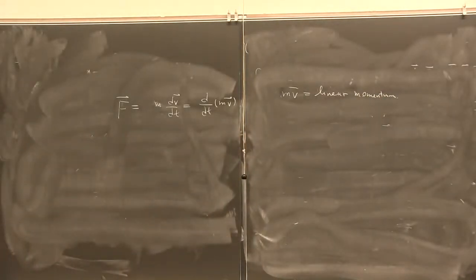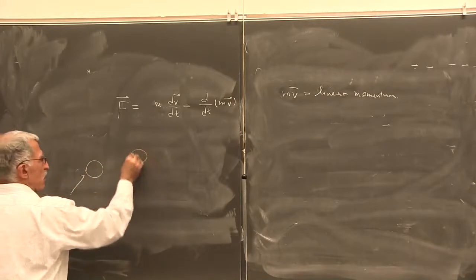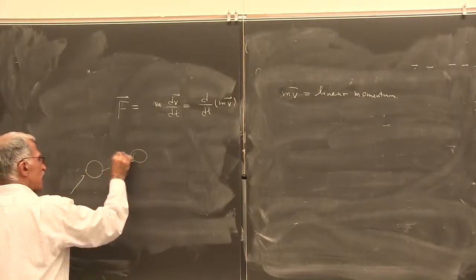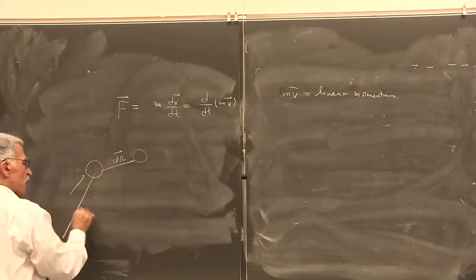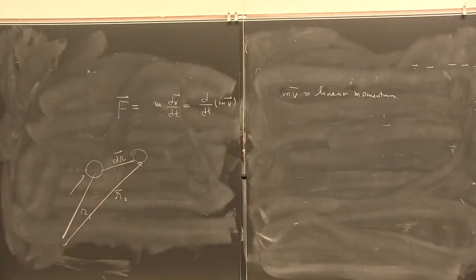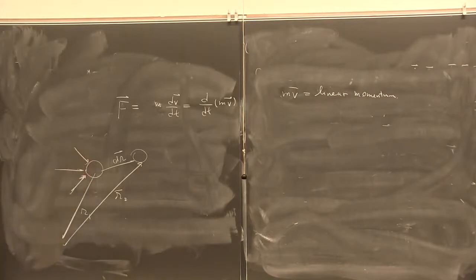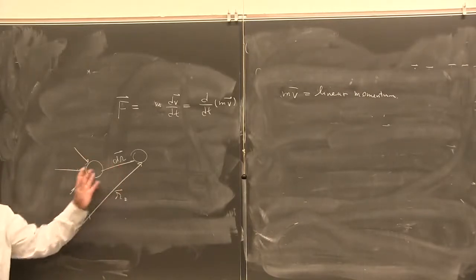If you multiply both sides of the equation by the change of position, so your force is here, and next time your system has displaced dr, this is r1, this is r2, then as a result of these forces on the system, your system has done some work.